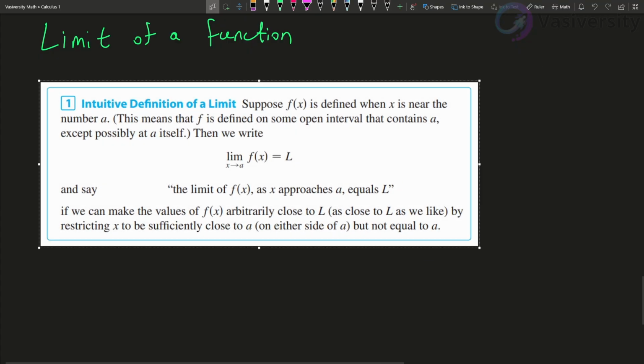Suppose f of x is defined when x is near the number a. This means that f is defined in some open interval that contains a, except possibly at a itself, because in a limit, we are not equal to the point that we're trying to evaluate.